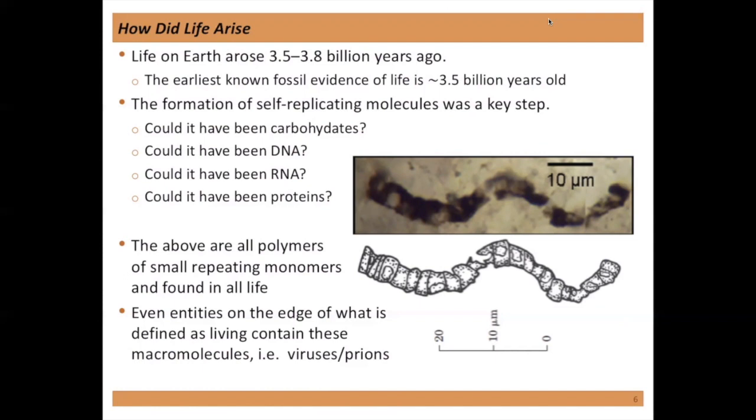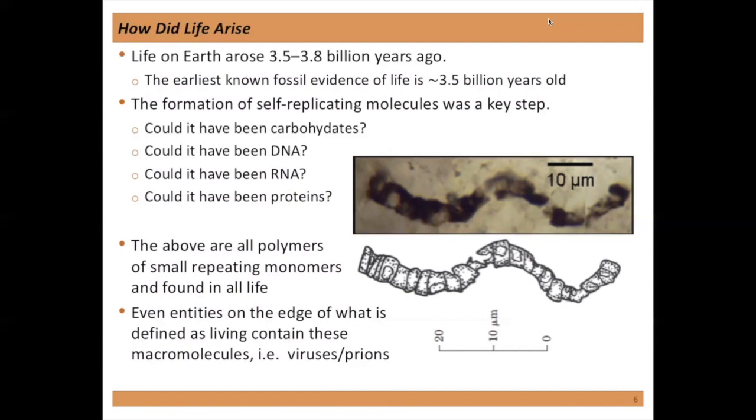Now prions, they're not necessarily contain all of those, but they are small proteins that actually can convey information from one molecule to another. So we're going to be talking about living organisms, those that can have offspring and transfer that information. Viruses can't self-replicate. They need another living system. So they're kind of on the edge of what we consider living, but they do contain all these biomolecules.